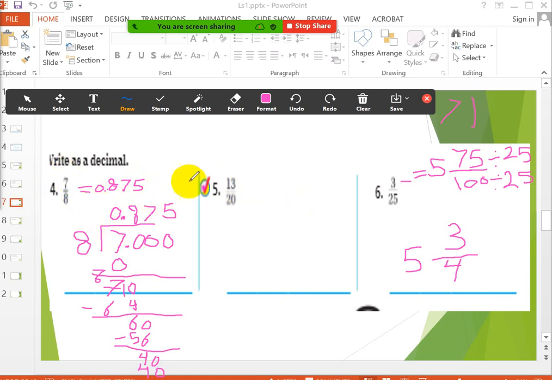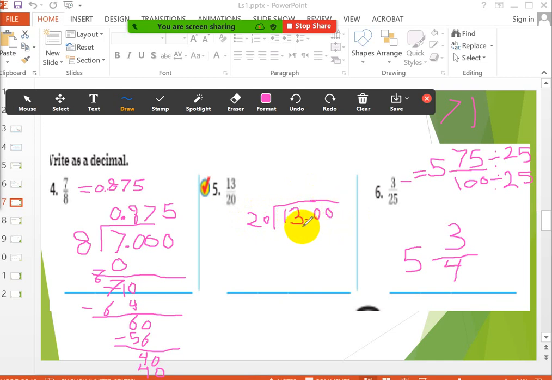Let's see number 5. The same strategy. I will use the same strategy, girls. I have to divide 13 by 20. So I will write the dividend, 13. I will put the divisor, which is here 20. I will write the digit after the point, which is here 0, because I will use it.